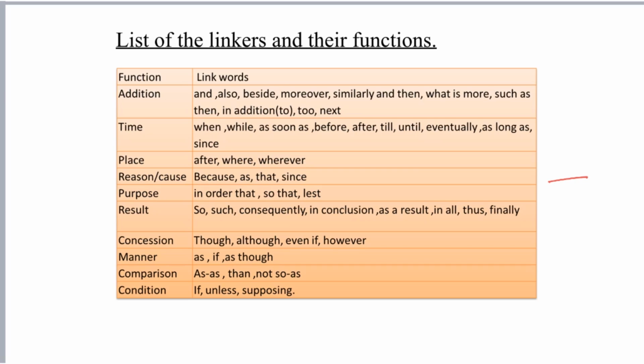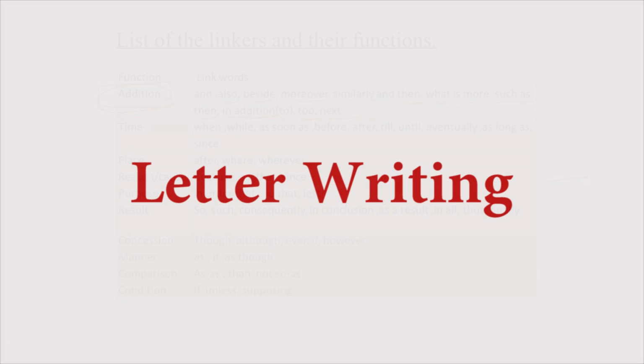Now, see the function of each. If you want addition, you will use and, also, besides, moreover, similarly, and then, what is more, such as, then, in addition to, next. These are the linkers which help you to add something and connect.